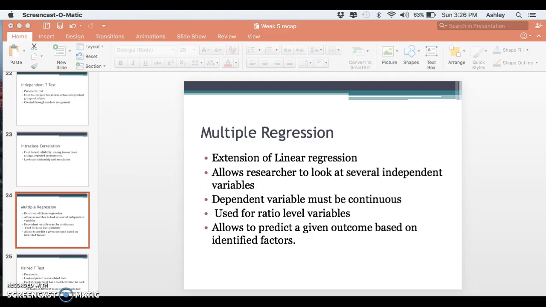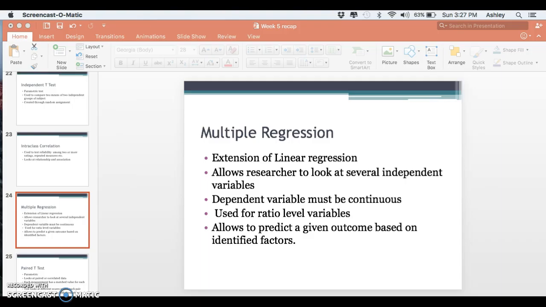A common purpose of regression analysis could be prognostic, when we're predicting a given outcome based on identified factors, like I've said. There was an article, Steinman and Williams, who developed a model to predict rehabilitation length of stay based on a patient's admitting diagnosis, referral source, and admission functional status, I believe.